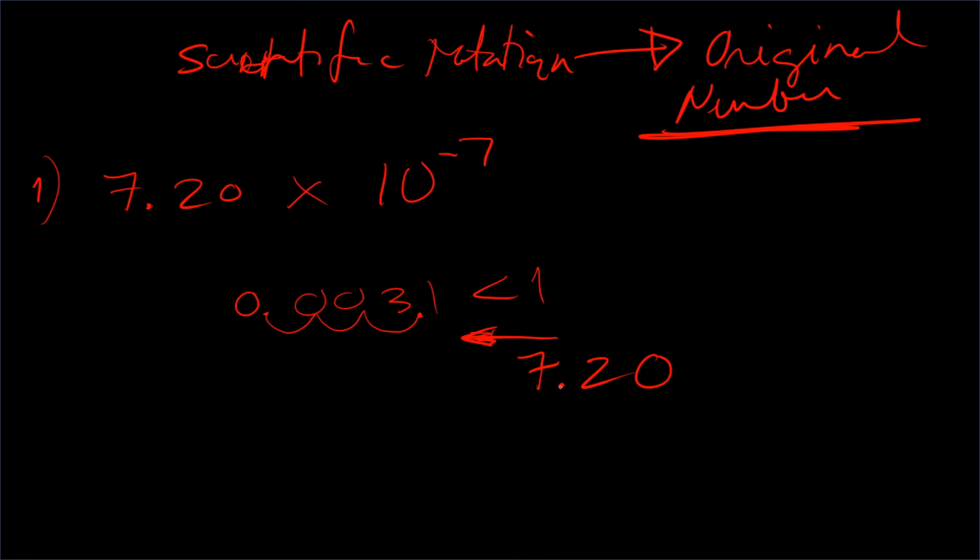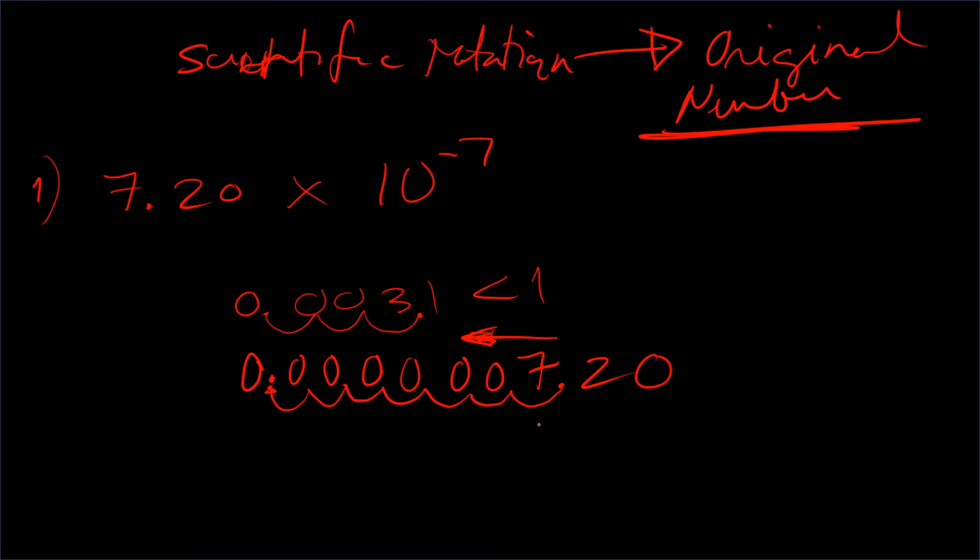So from here, we'll move 1, 2, 3, 4, 5, 6, and 7. So andito dapat yung decimal place niya. So meron na tayo dyan 0, 1, 2, 3, 4, 5, 6, and 7.